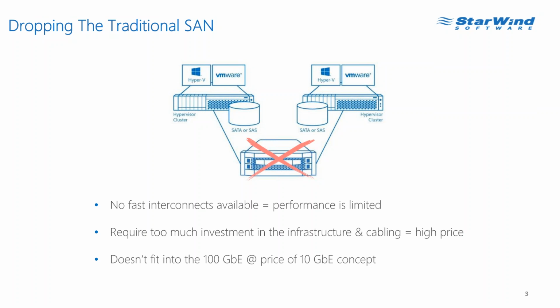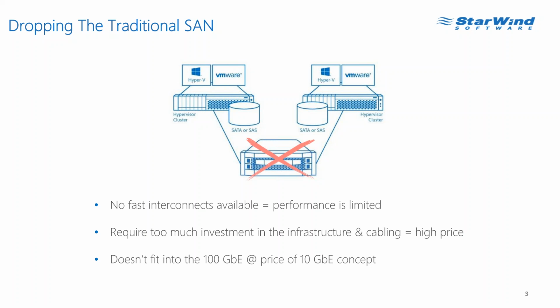You cannot do 100 gigabit storage. Well, I hope that changes in the next years. And of course, a dedicated SAN doesn't fit into the 100 gigabit Ethernet at the price of 10 gigabit Ethernet concept, unless we maybe wait 10 years and a 100 gigabit card will cost as much as 10 gigabit costs today. No, we want to build everything here and now. We don't want to wait.